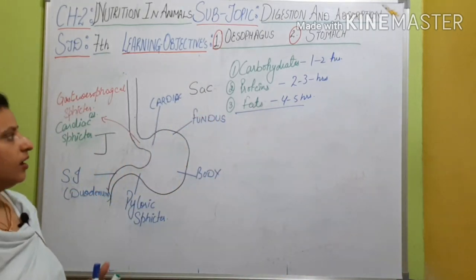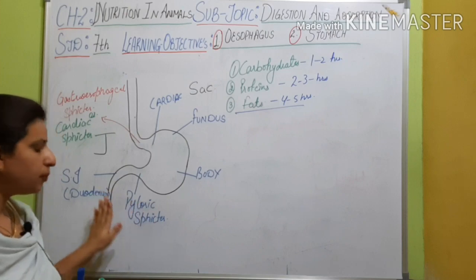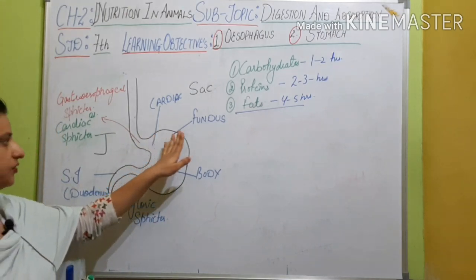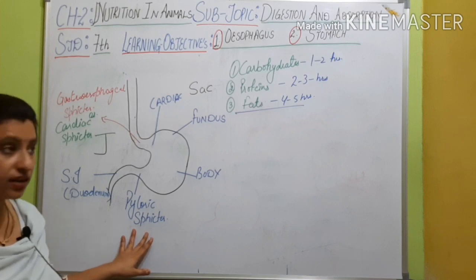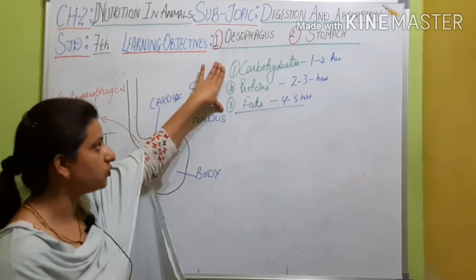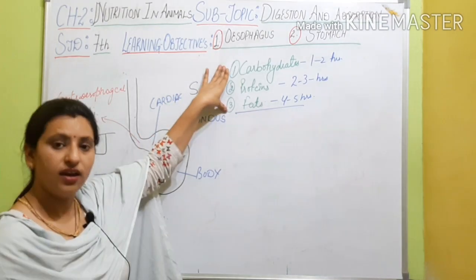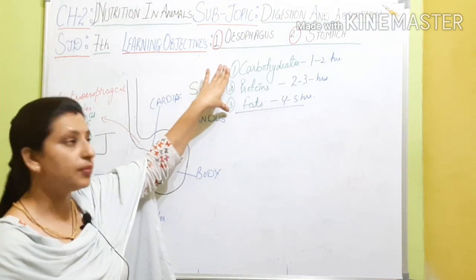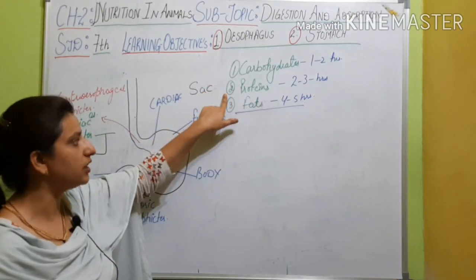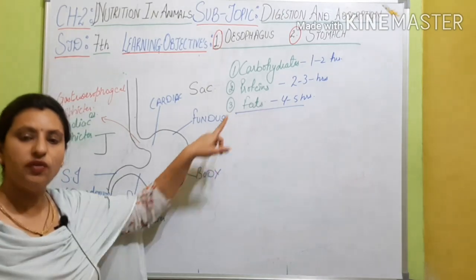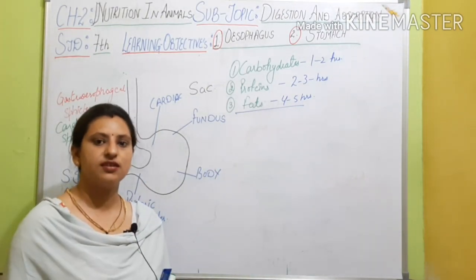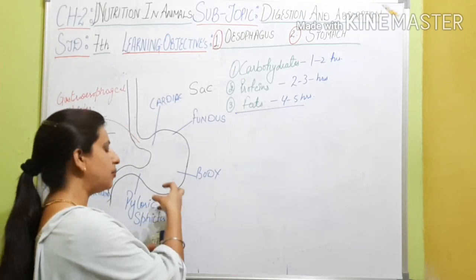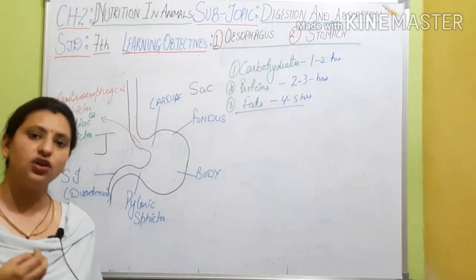Again, the 4 main parts are cardiac, fundus, body, and pyloric sphincter, and the 3 main components which are actually digested in the stomach are carbohydrates, proteins, and fats. Now we will discuss what is actually present in the stomach which helps in digestion of the food.